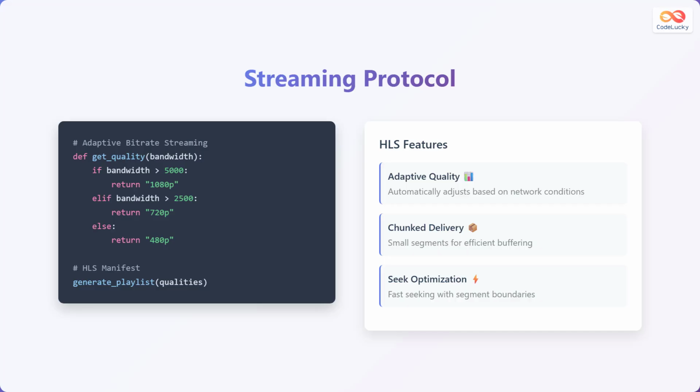If it is greater than 2500, the quality is set to 720p. Otherwise, it defaults to 480p. Then the generate playlist function creates the HLS manifest. HLS offers features such as adaptive quality, chunk delivery, and seek optimization.